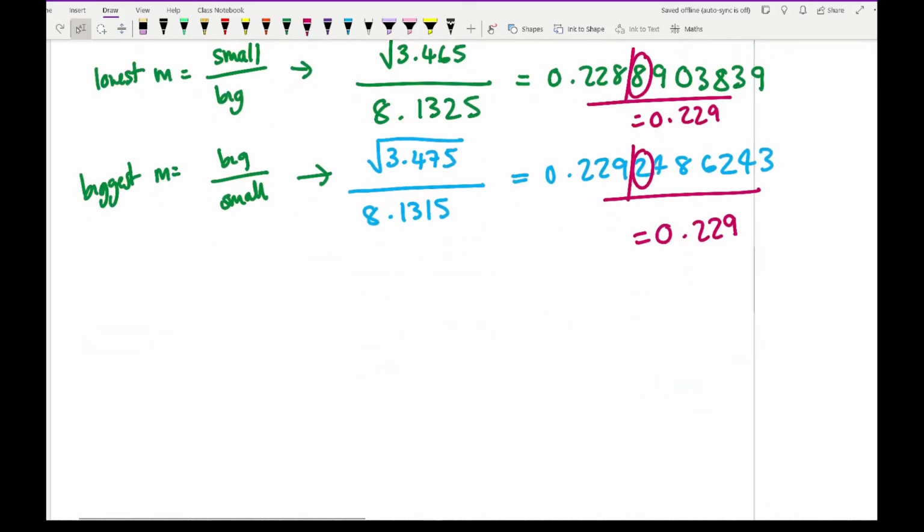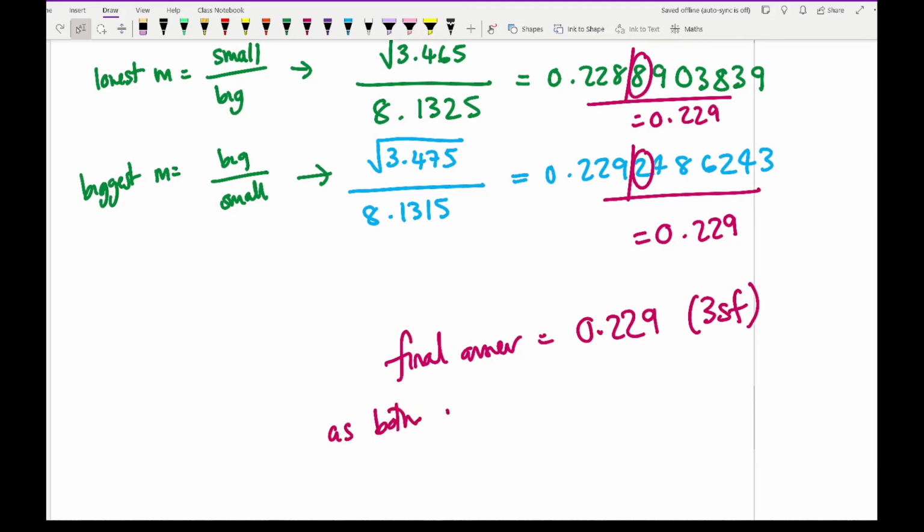So for this, I would say my final answer is going to be 0.229 to 3 significant figures, as both round to this value. And when we mean by both, we mean our upper and lower bound.